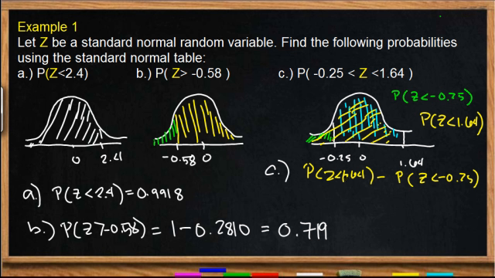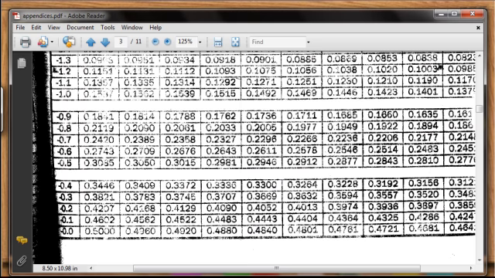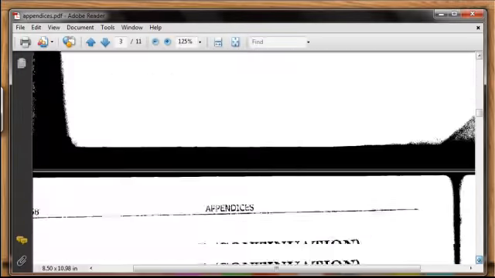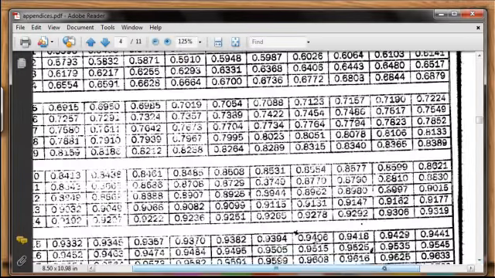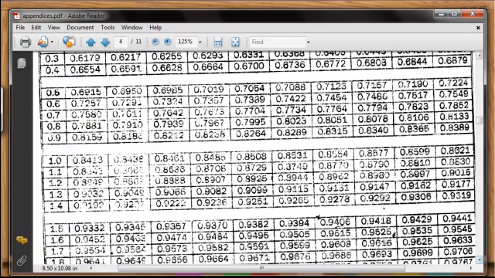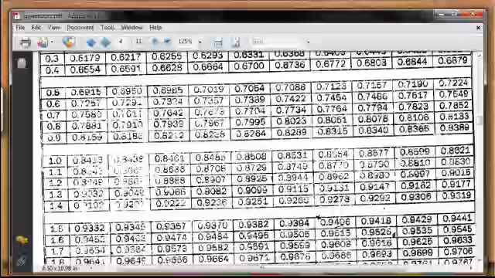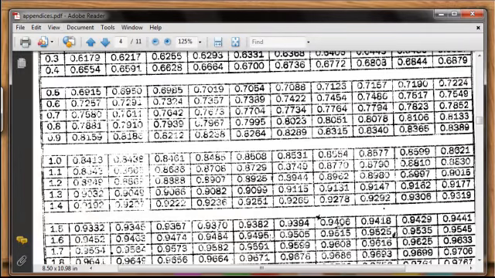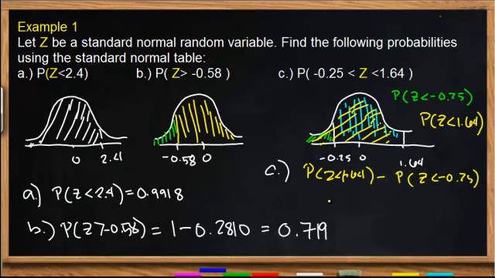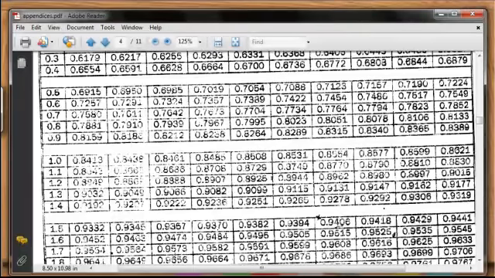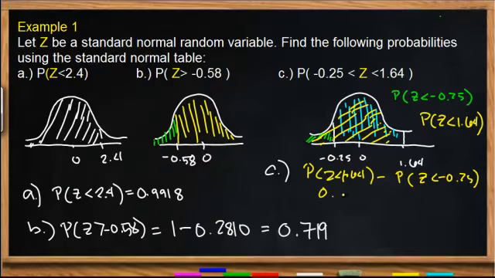Let us look at the table, from appendix B. We look for 1.64. Here z is 1.60, 61, 62, 63, 64. So it is 0.9495. Remember that, 0.9495.